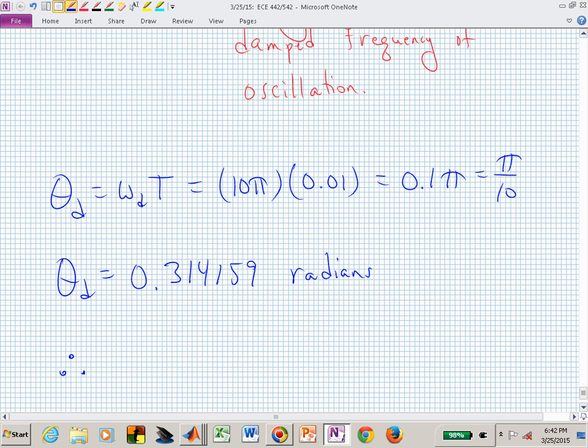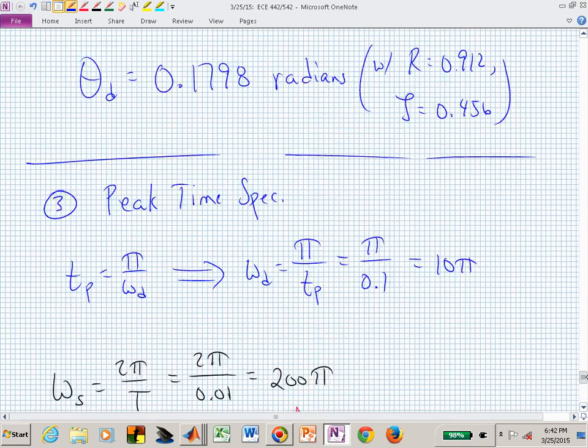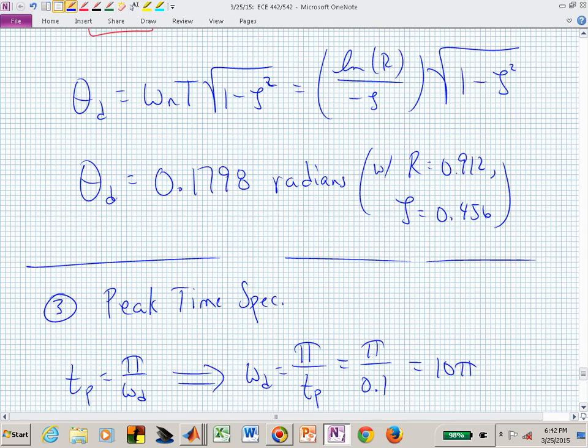And which of these are faster? The bigger angle or the smaller angle? If we want this to be bigger, we need to be further around on the unit circle. We need a bigger angle to be faster.